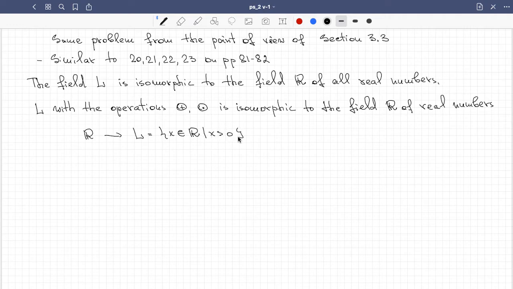That is very easy. You probably know a very natural map which takes any number x and maps it to the exponential of x. That map is nothing but exponentiation. This is a one-to-one map of sets.